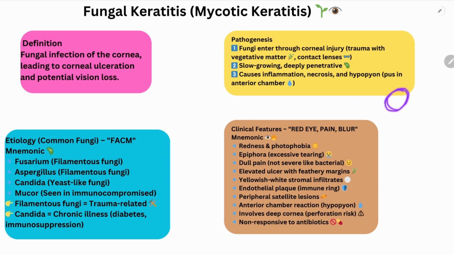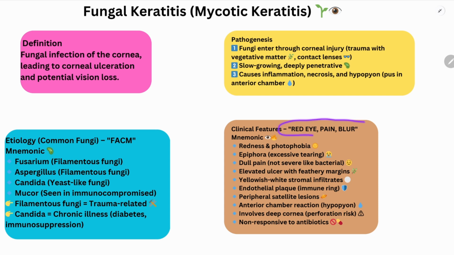If this is the cornea, here you will see pus accumulation. This pus accumulation is also divided into two types, depending on the motility, whether it is mobile or immobile. In bacterial keratitis it is mobile, whereas in fungal keratitis it may be mobile or it may not be mobile.